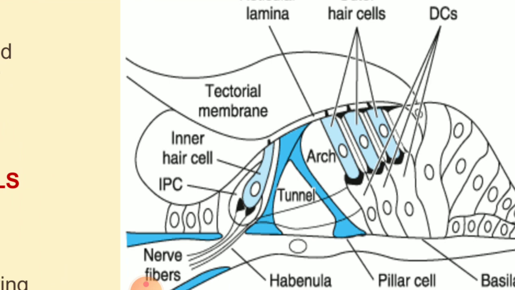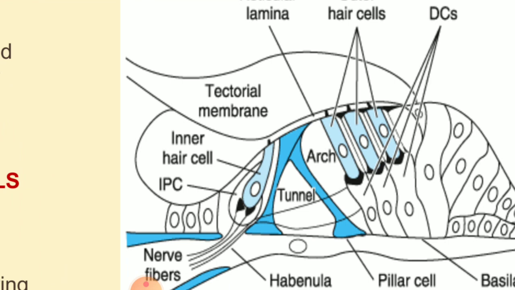The tips of the stereocilia coming out of the outer hair cells are embedded directly into the tectorial membrane. So whenever there is any upward movement of the outer hair cells, a shearing force is generated between the basilar membrane and the tectorial membrane, which bends the stereocilia of outer hair cells to a specific side.